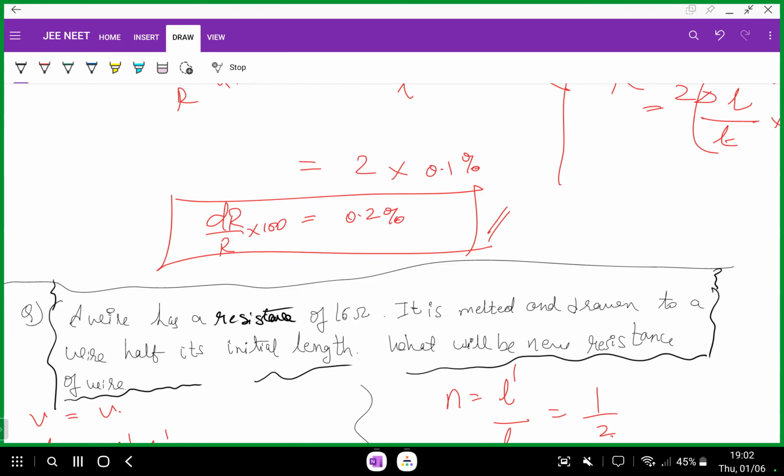Remember one thing, it is melted and drawn.